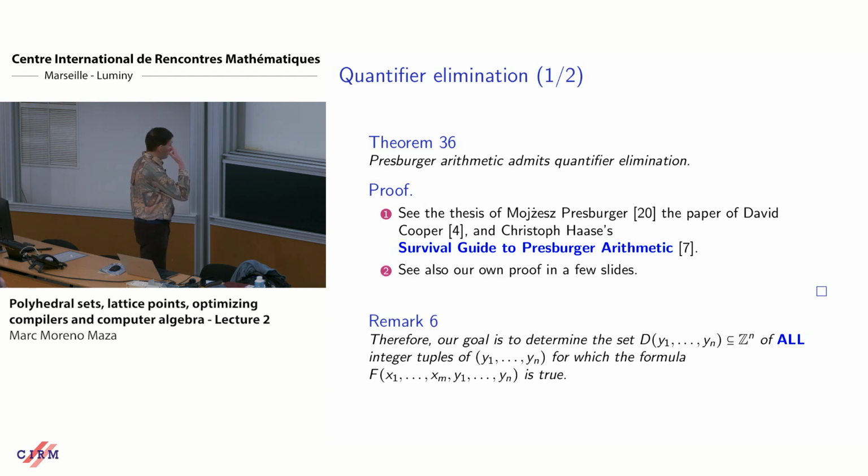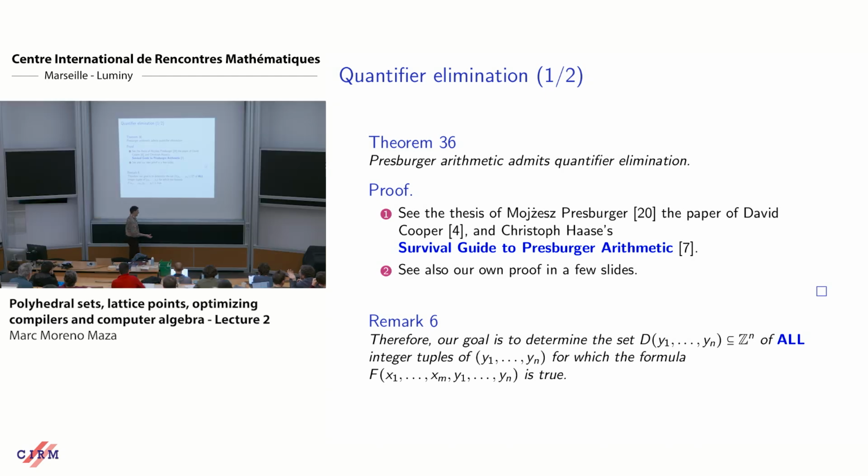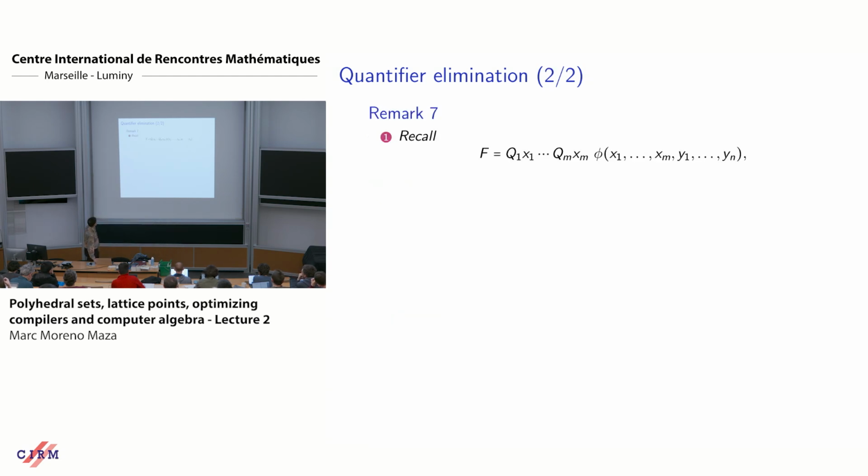We really focus, in fact, on the parametric case. In the formula, again, we have two groups of variables: those which are quantified or bound, the x variables, and then the free variables, y1 through yn. So we are trying to find a subset D of Z^n giving necessary and sufficient conditions for the formula to be true.